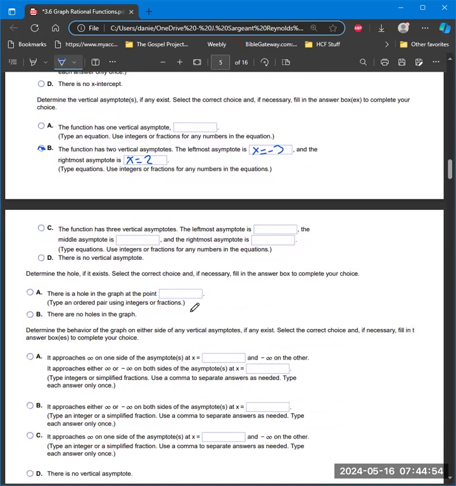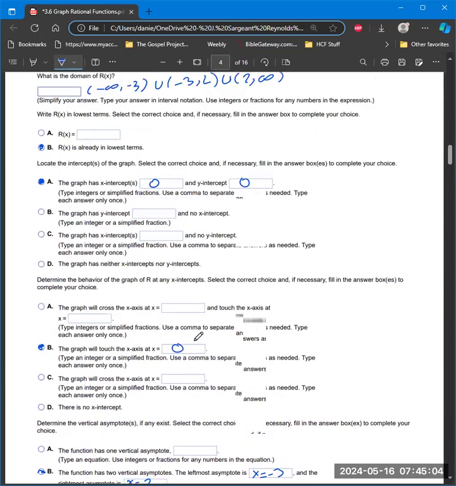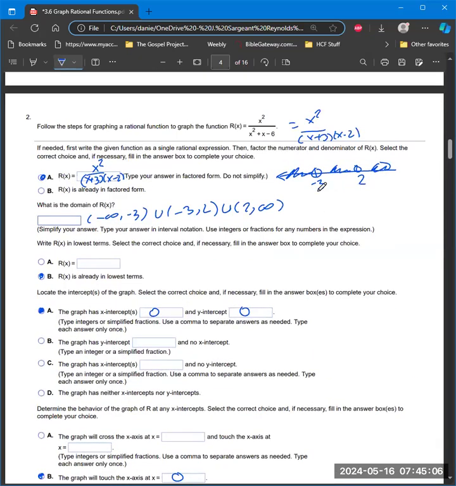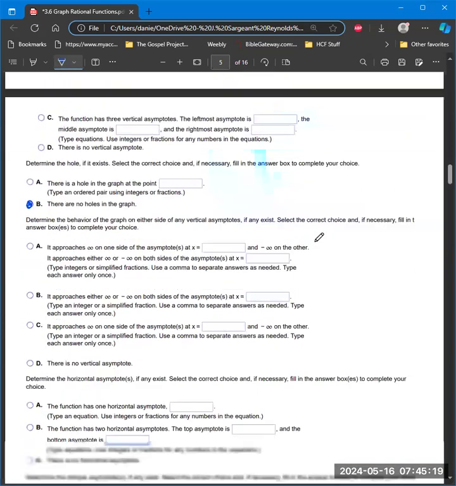And then no holes because it didn't have any factors that canceled out. And these have odd multiplicities here, so it's going to do different things on each side. It's going to switch sign as it crosses the asymptote.